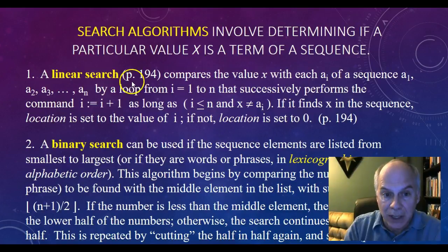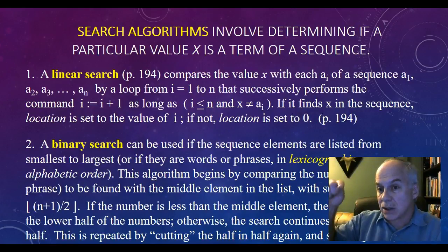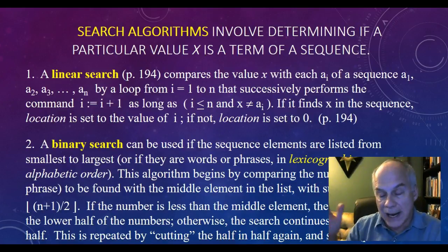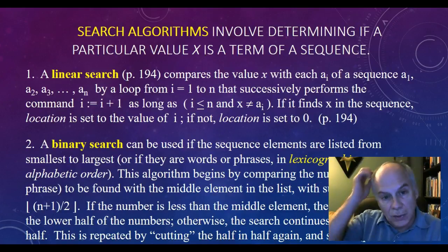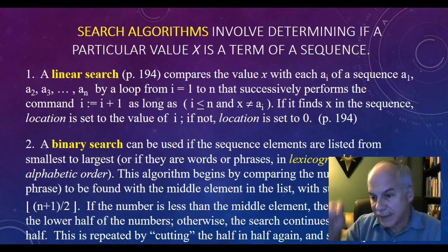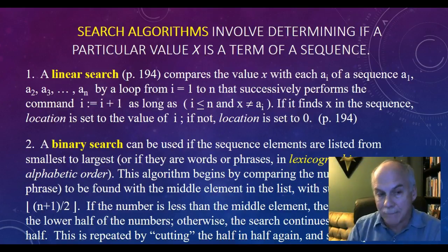This is on page 194 in the text, and it compares the value X with each a sub I term of the sequence, A1, A2, A3, all the way to A sub n. So in each case, it's comparing, is X equal to A sub I? And of course, I is going from 1 all the way to n.